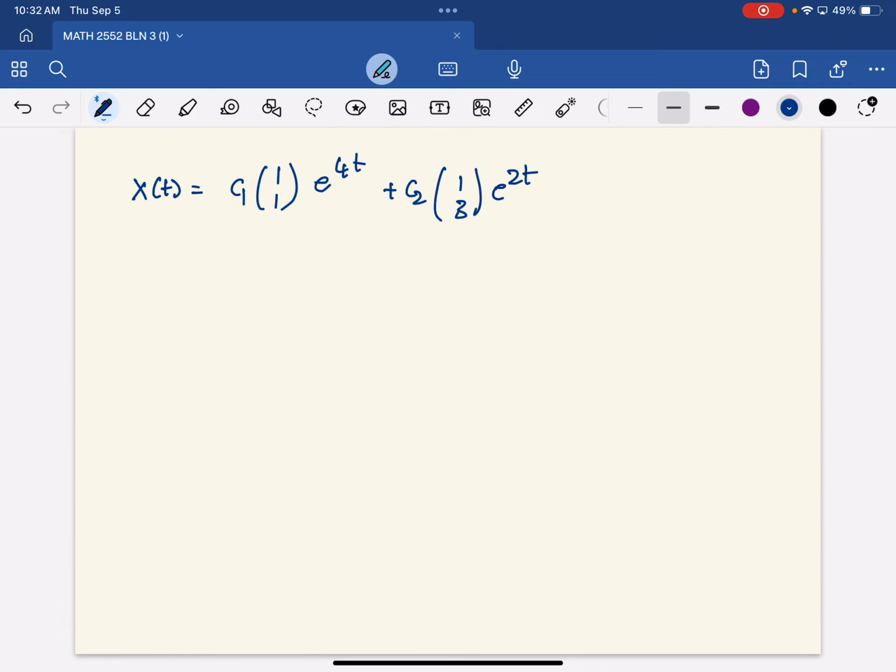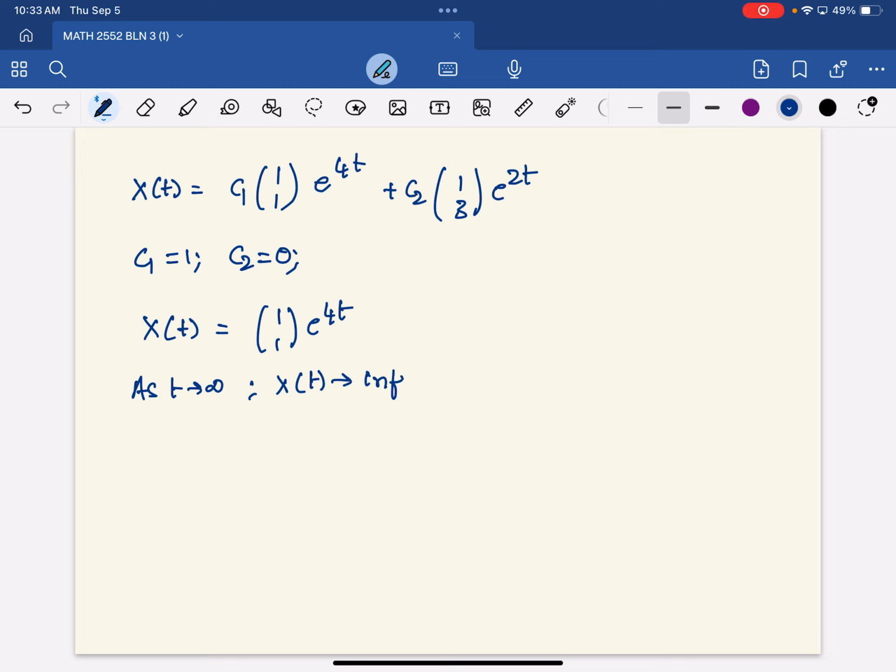Okay, now C1 and C2 are arbitrary constants, right? Let's just say, hypothetical case, C1 is 1 and C2 is 0. It should satisfy for all values of C1 and C2, so I'm picking 1. So my solution is really (1, 1) e to the 4t. Do you agree with me on that? So as t goes to infinity, my solution is growing and becoming infinite.